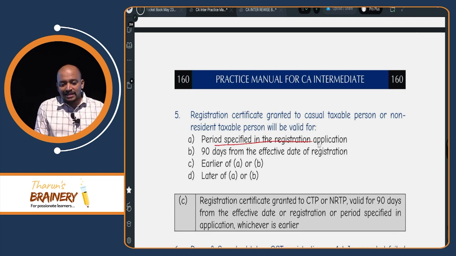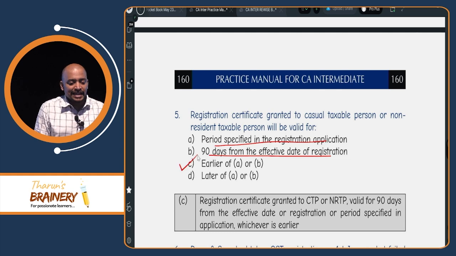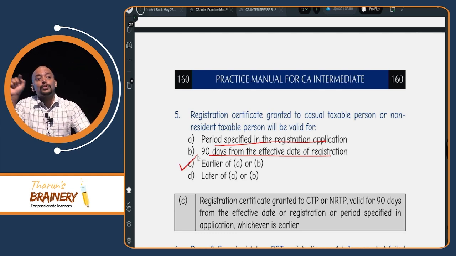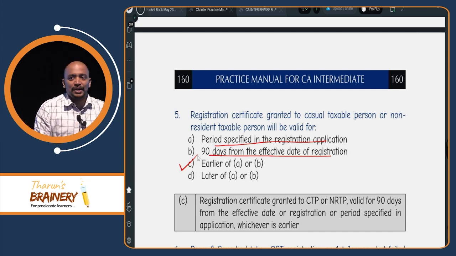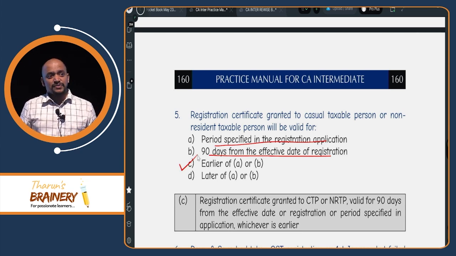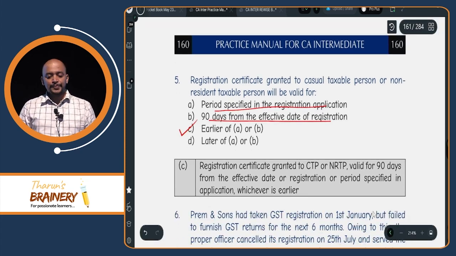Period specified in the registration or 90 days, whichever is earlier. Why? Because the provision says up to 90 days. If they are asking for 30 days, for 30 days only it will be given. Correct or not? So the number of days for which registration is granted are 90 days, whichever is earlier.